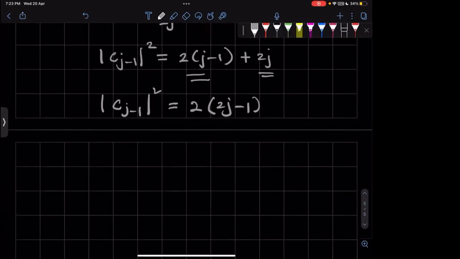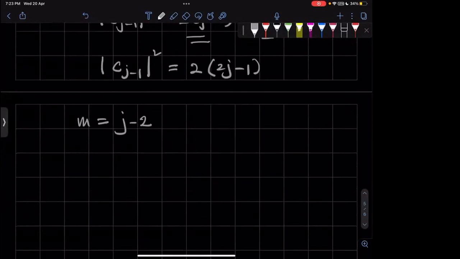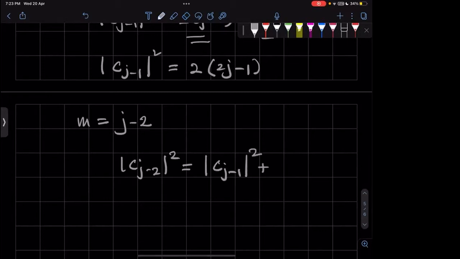Now, if you use the same recursion relationship and put m equals j minus 2, then we get similarly cj minus 2 squared is equal to cj minus 1 squared plus 2j minus 2.